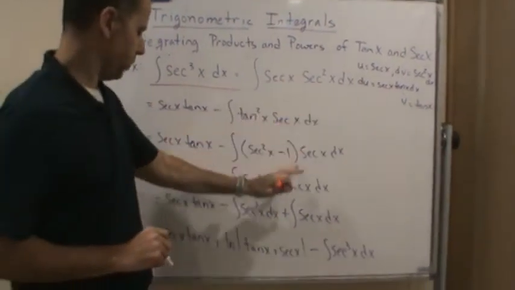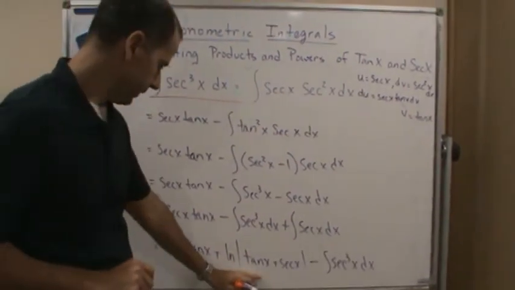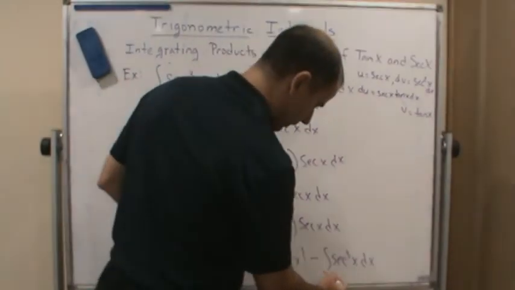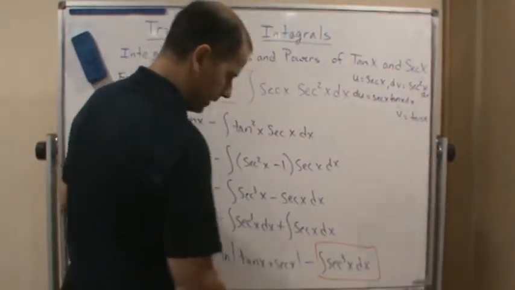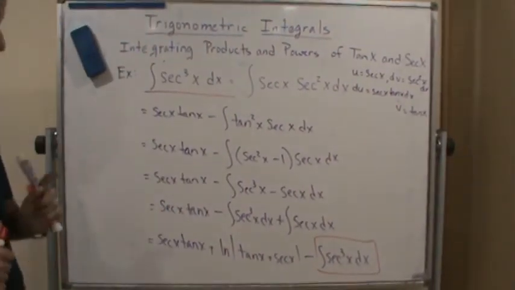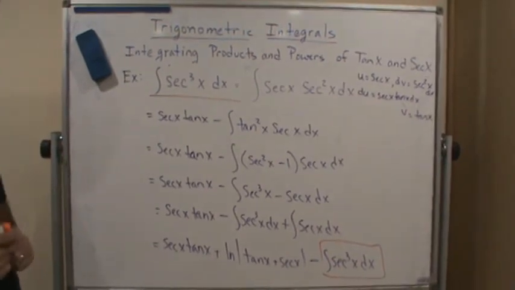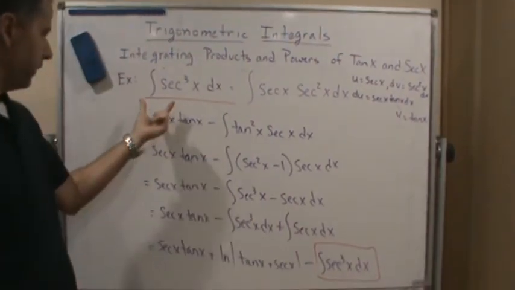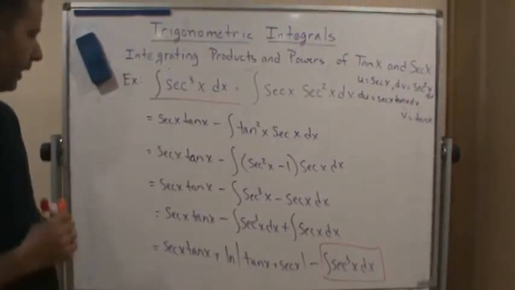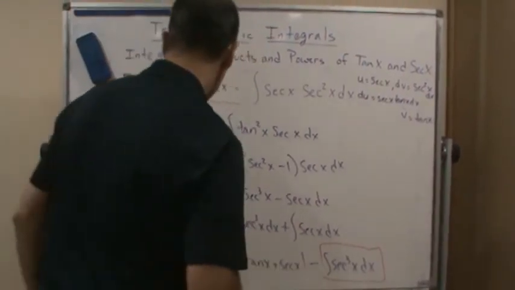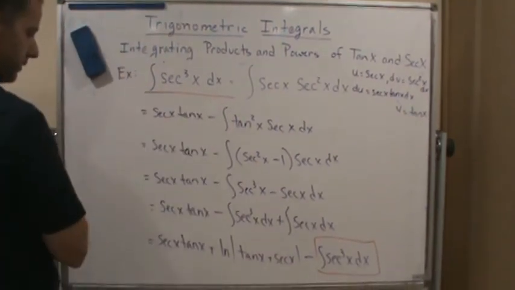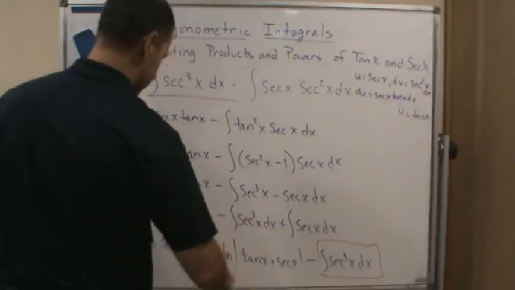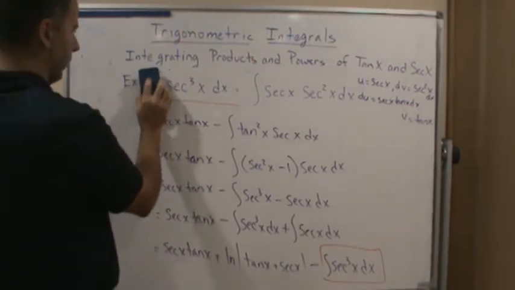And so we did all this work, and we integrated this, we got that piece, and now it looks like we got the same thing. But remember, we've done this before, right? So that means I can add that to both sides. And so when I do that, what am I going to get? I'm going to get double this is equal to this.